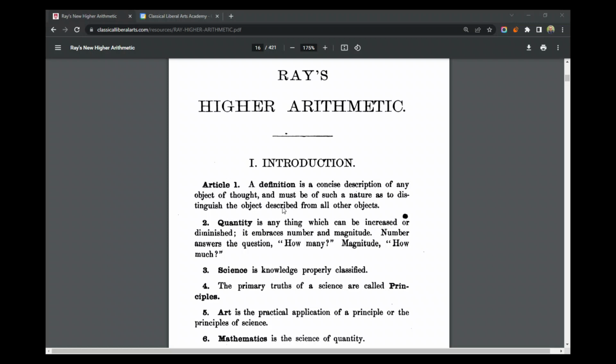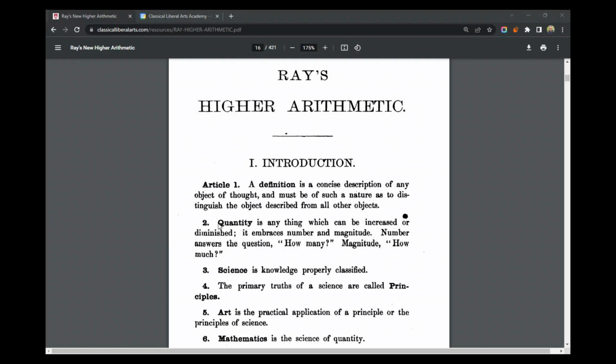A definition is one kind of description. What makes it a definition is that it distinguishes the object from all other objects. That's the first term we learn in article number 1.